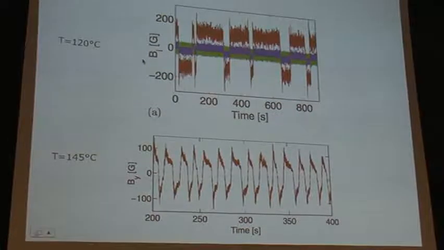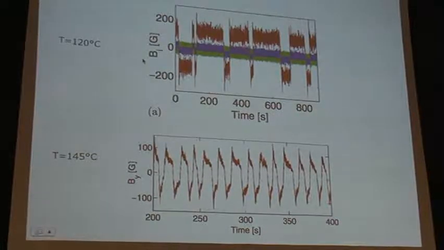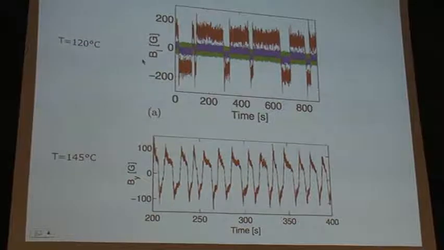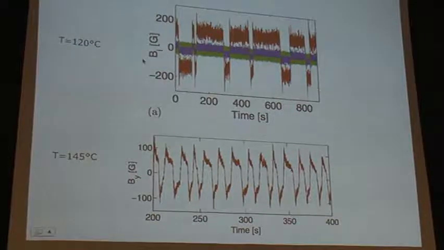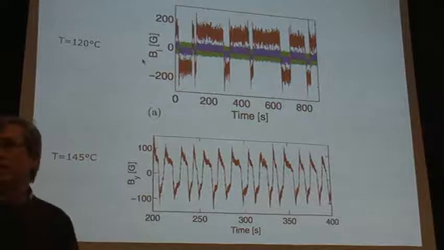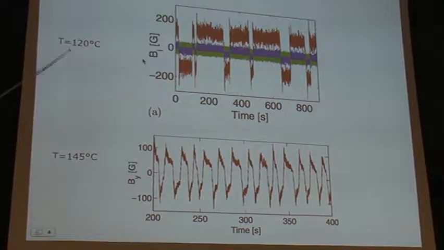Temperature here is just another way to change the conductivity slightly, which you cannot achieve with the others. So you go from here to here by changing the temperature. Your control parameter is the magnetic Reynolds number. So how does it change when temperature changes by 20%?